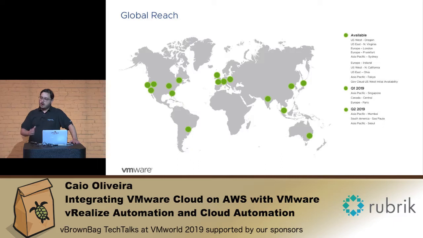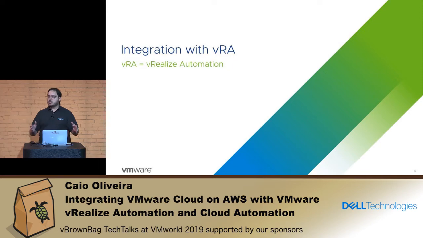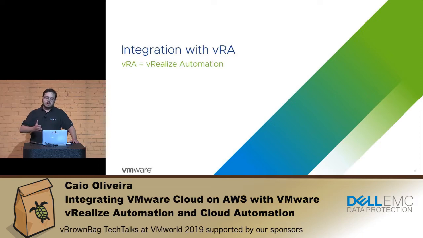We now have São Paulo data centers available, but we also span Canada, Europe, and Asia Pacific as well, okay? So this was a really short overview about VMC, because this session is all about the integration with VMC now to automate the workloads, right?